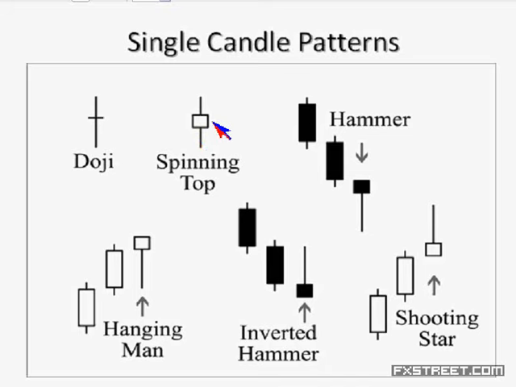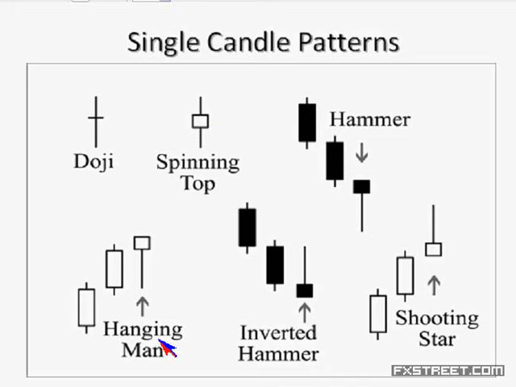For example, after an uprun, you have a series of doji or a series of spinning tops. Usually it's spinning tops. Then at that point, you have indecision as to whether this uprun can continue or not. And oftentimes you'll see turns from there.